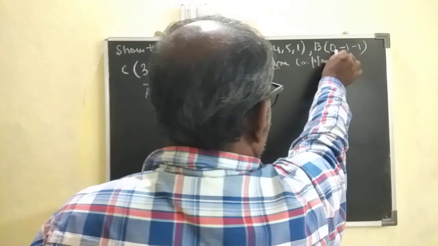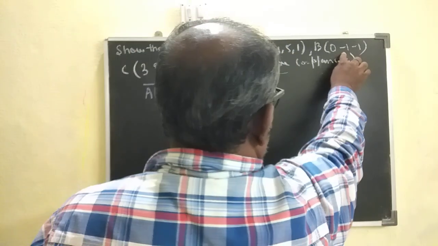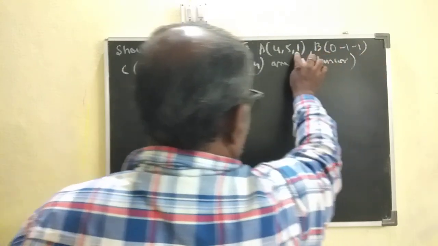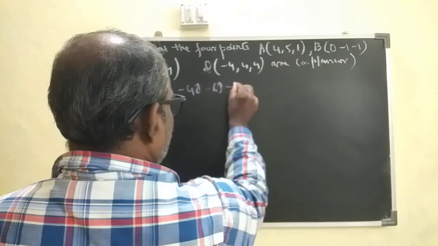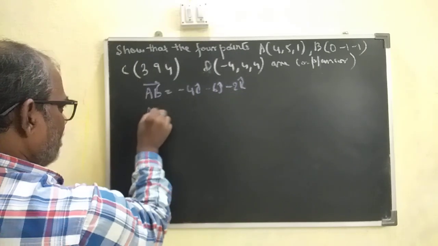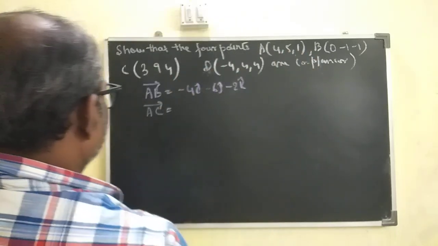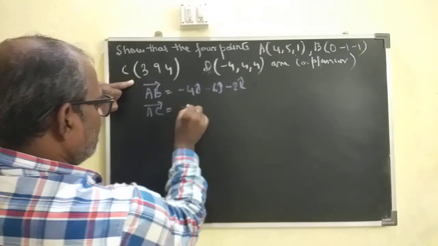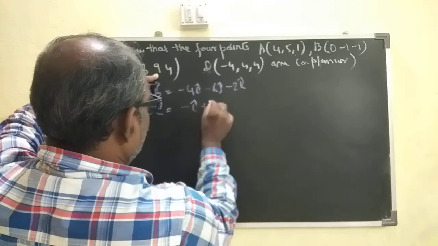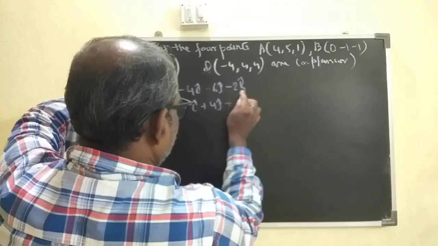So here AB equals 0 minus 4, that is minus 4 i cap, minus 1 minus 5 minus 6 j cap, minus 1 minus 1, that is minus 2 k cap. Next we have to find out AC vector, AC, that is 3 minus 4, minus 9, minus 5 plus 4j, 4 minus 1, that is plus 3k.